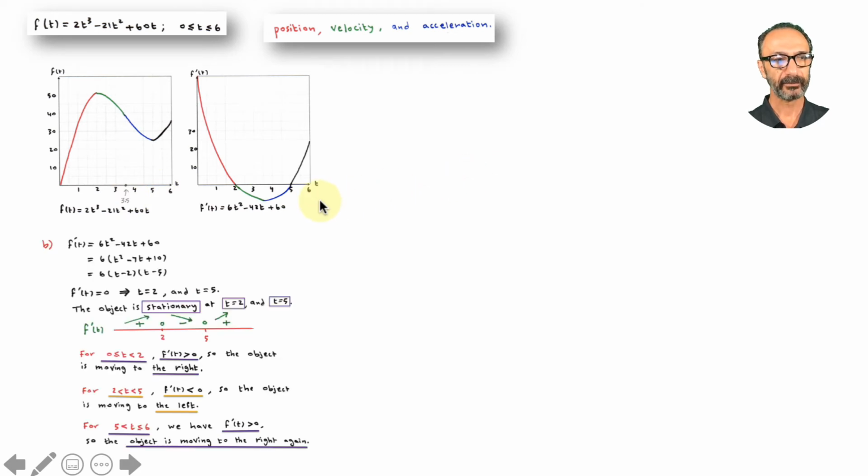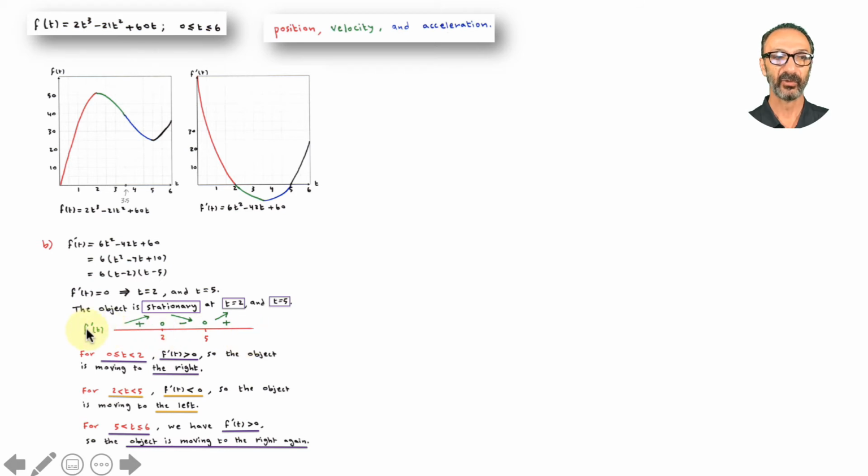F prime is the derivative of this, which is 6t to the second minus 42t plus 60. Take 6 out, I get this. Factor the inside part, set it equal to 0, I get 2 and 5, and they are within my domain, so I'm going to mark them down.